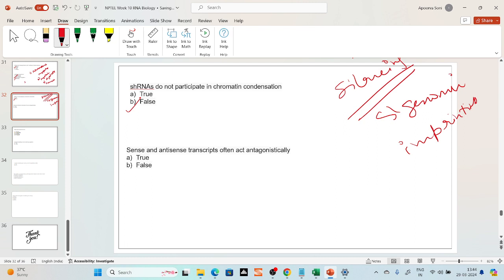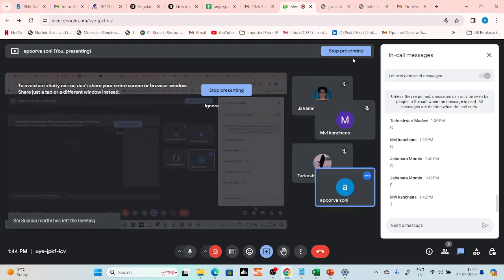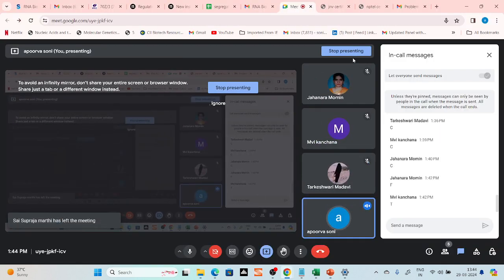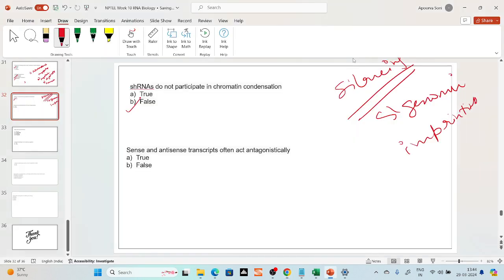then because of silencing, what will be the state of chromatin? After silencing, what will happen to chromatin? Whether it will be condensed or it will be very much separated and elongated. What do you think should be the position of chromatin?